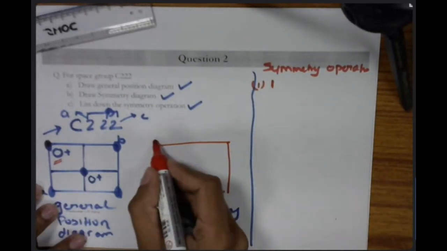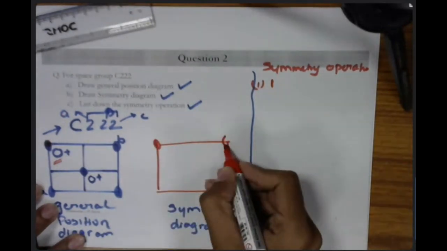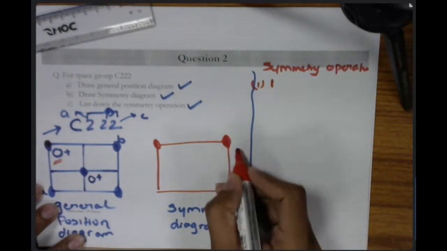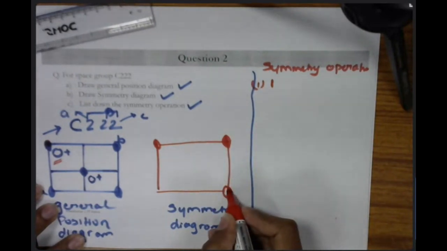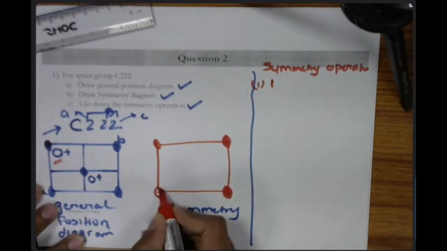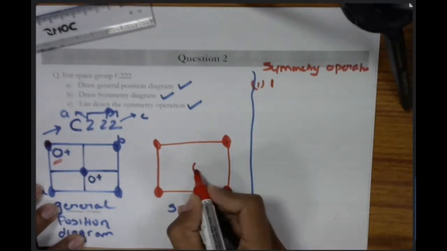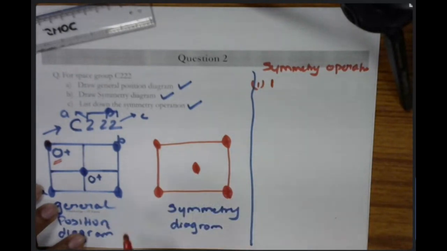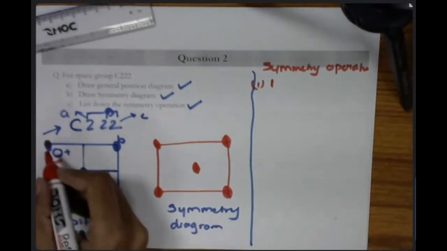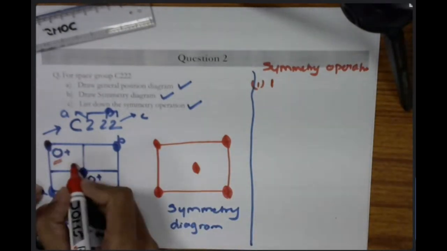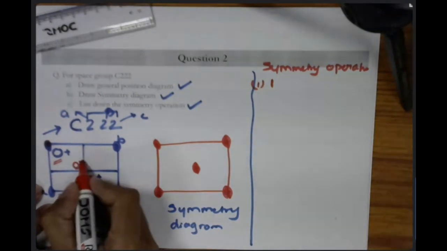So we have got that, yeah, there is a twofold over here, twofold over here, and at the center there is a twofold. Then this is going to rotate over here. Let us say after the twofold rotation we get to this particular point.